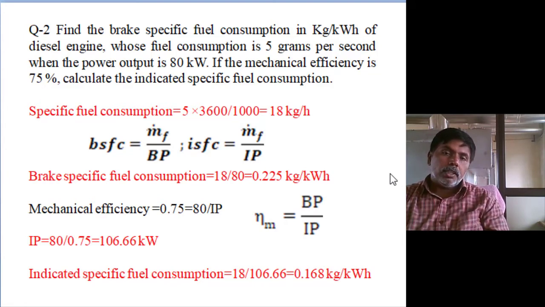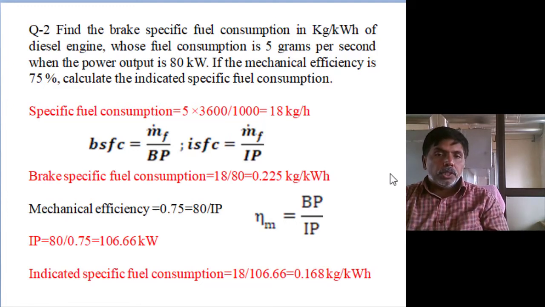So finally we get 18 kg per hour. The fuel consumption of 5 grams per second means 5 into 3600 divided by 1000, 18 kg per hour. Then once we know the mass flow rate, when the power output is 80 kilowatt, meaning brake power is 80 kilowatt.